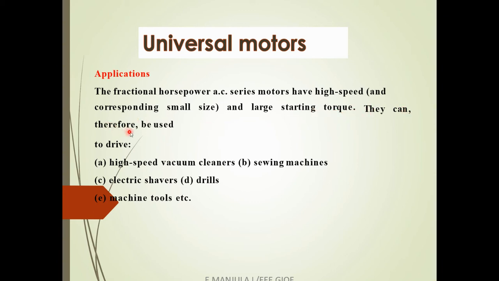They can therefore be used to drive high speed vacuum cleaners, screwing machines, electrical shavers, drills, machine tools, etc. We observe that the daily machines we are using are mostly universal motors only.